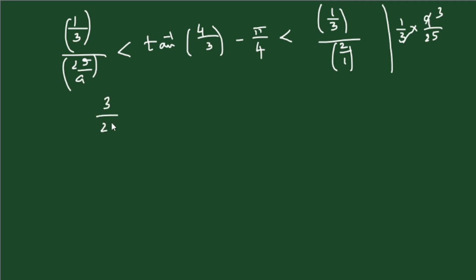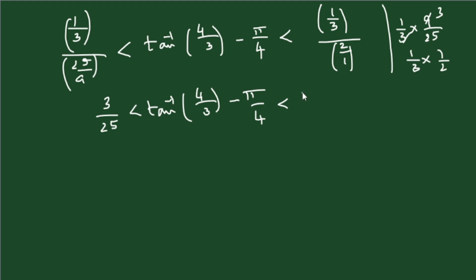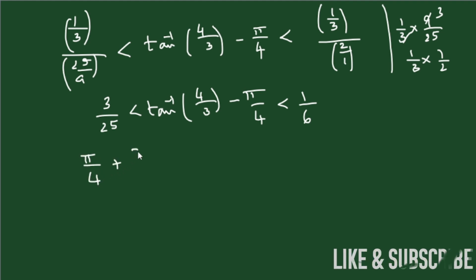3 by 25 less than tan inverse 4 by 3 minus pi by 4 less than, here it is 1 by 3 into 1 by 2. So 1 by 6. Now adding pi by 4 throughout, you will get pi by 4 plus 3 by 25 less than tan inverse 4 by 3.